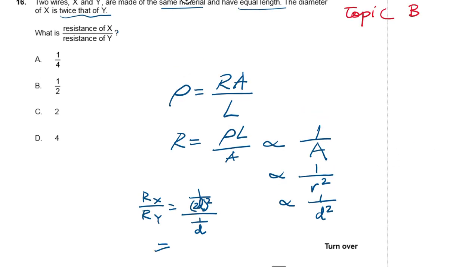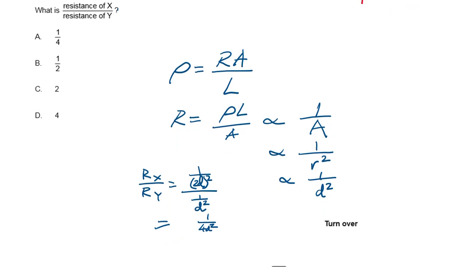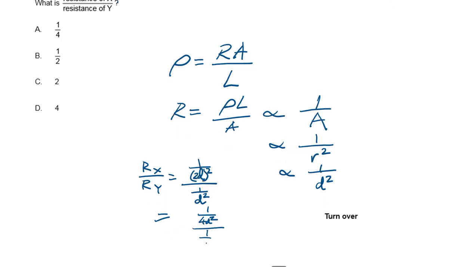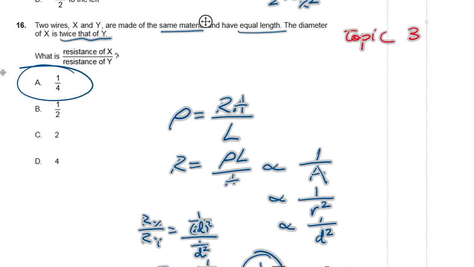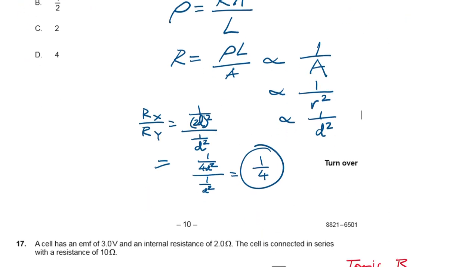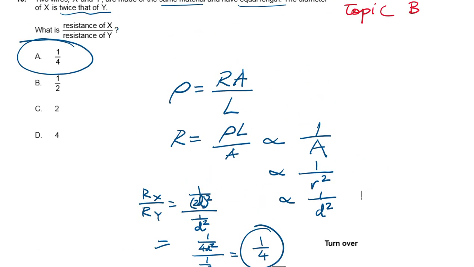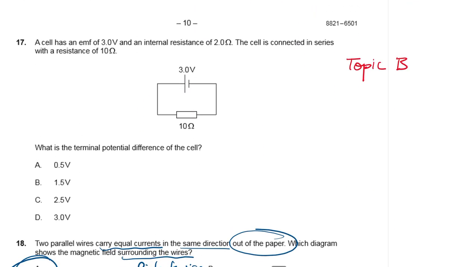And so what we get is 1 over 4D squared over 1 over D squared, which is just 1 over 4. So our answer is A. Hopefully that made sense. And we can move on to this question.